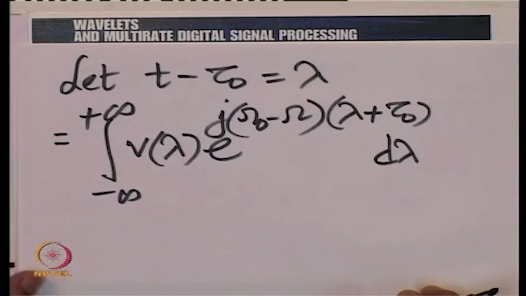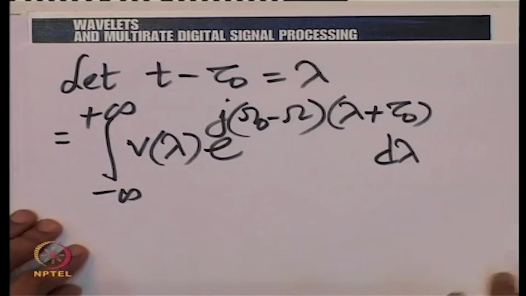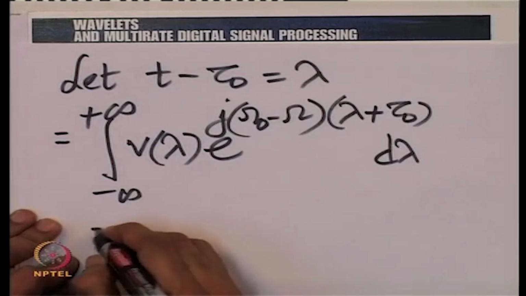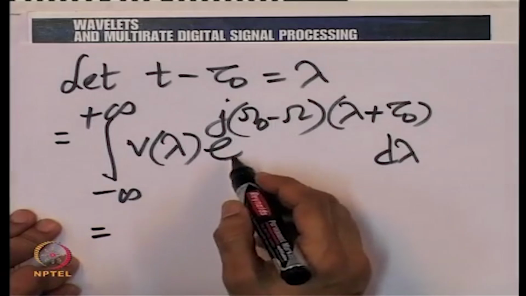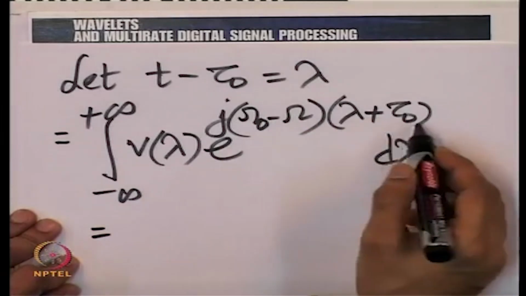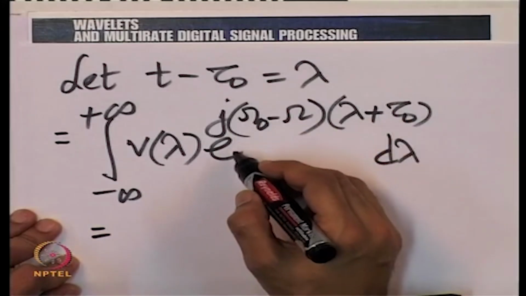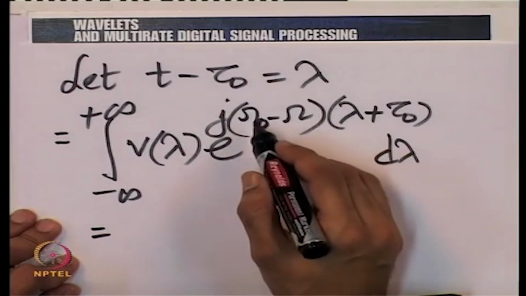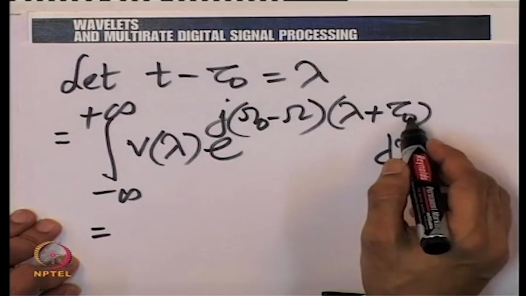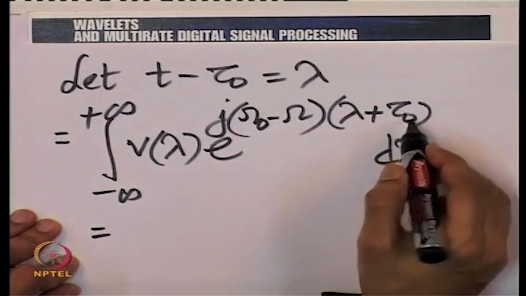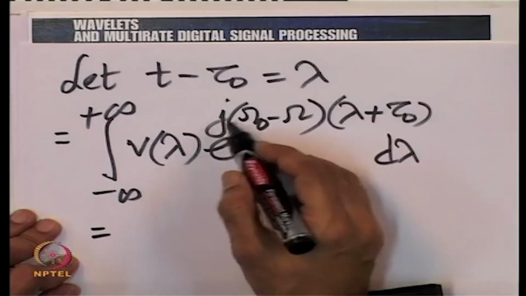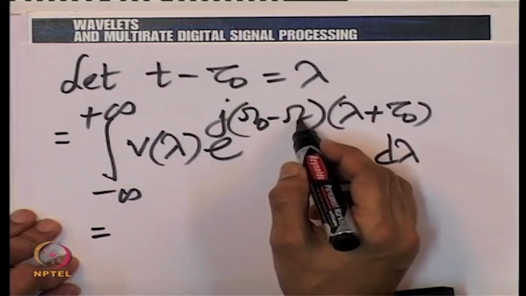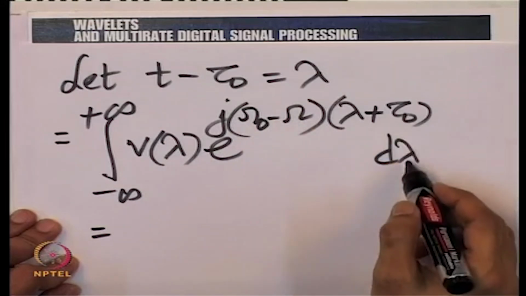And now, of course, we have a simple answer there. We can rewrite this a little bit, taking out common terms. You will notice that when we expand this product, we have the term e raised to the power j omega naught minus omega times lambda, and e raised to the power j omega naught minus omega times tau naught, which is independent of lambda.